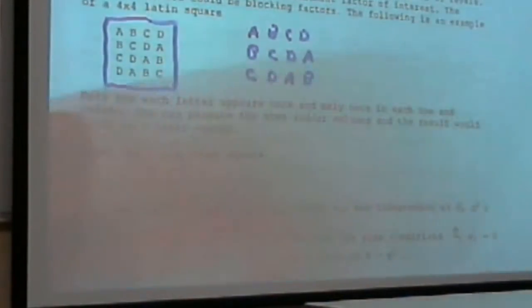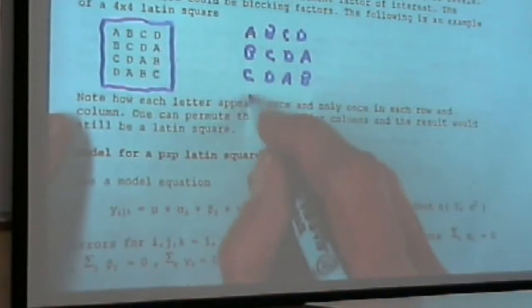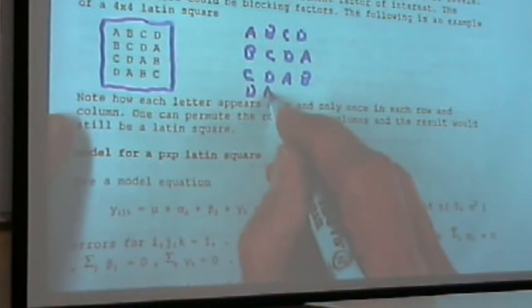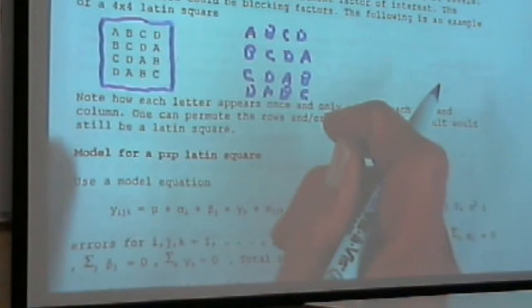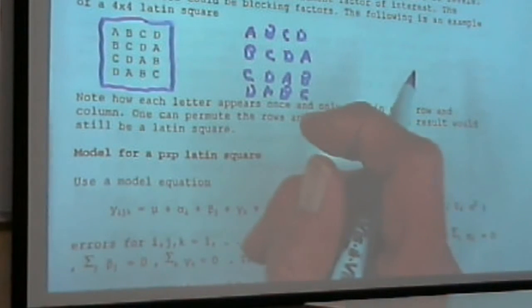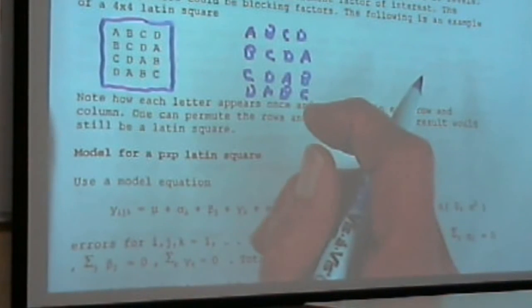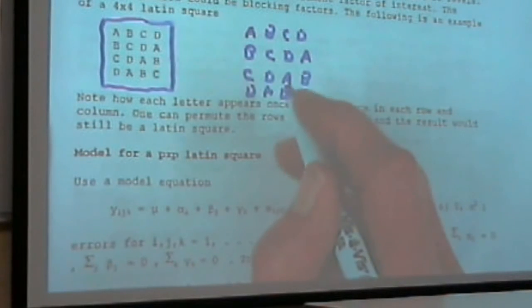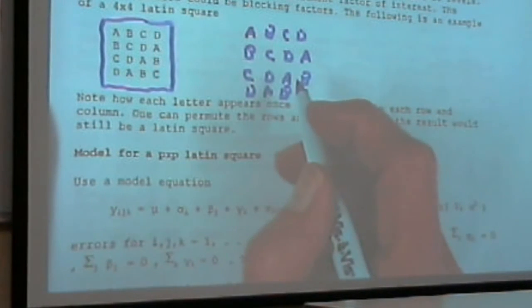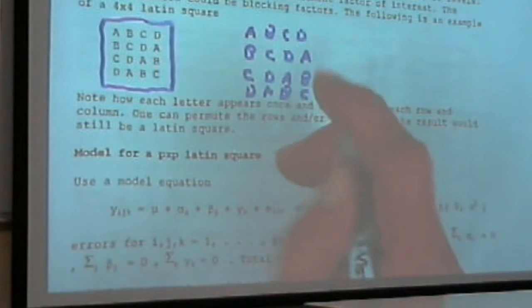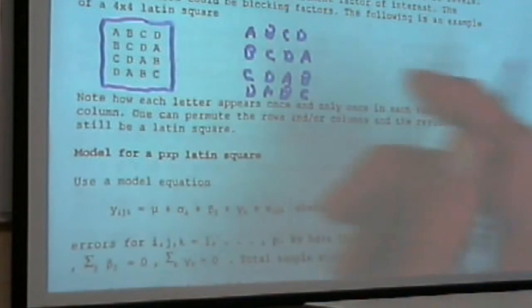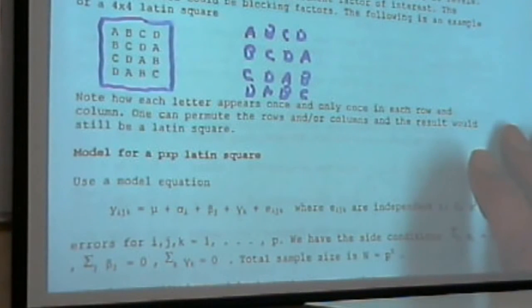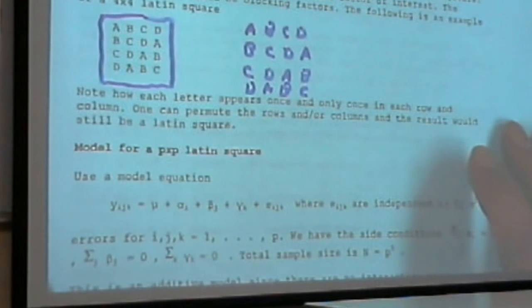And finally slide this one to the left, and I get D, A, B, C, like that. So this is a simple way to form a Latin square, although it may not even be the best Latin square to form, but it is one anyway. Each letter will appear once in each row and column. That's what I want.